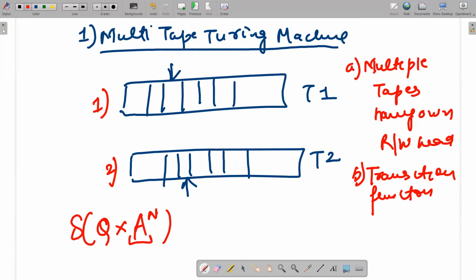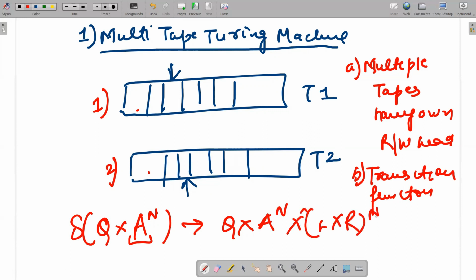Considering A, it has the string from tape 1 and tape 2. It will generate Q. It will give us A power N, and obviously it will provide whatever operations we are performing with the left and right moves.